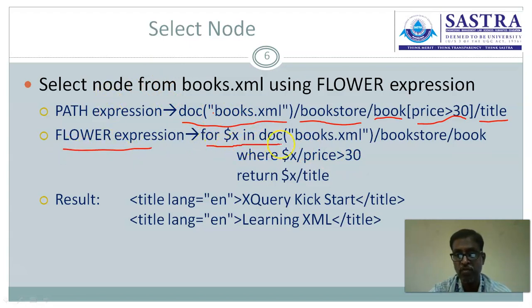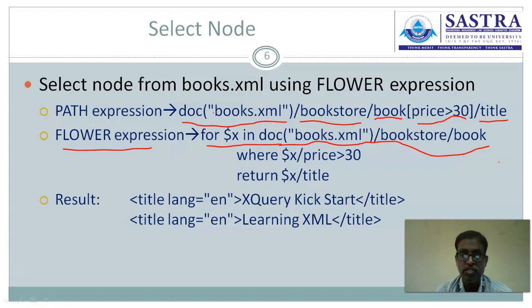First, that will be changed from XPath to FLWOR using a for loop. For $x in doc of books.xml, bookstore, book. See, each and every book is selected from the bookstore that is available in books.xml.